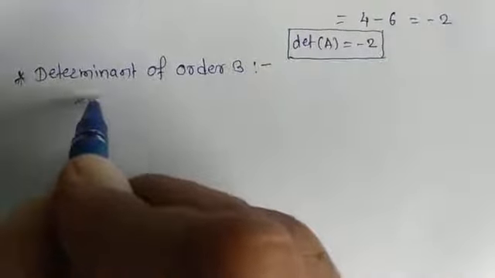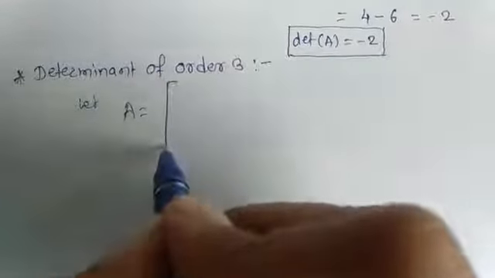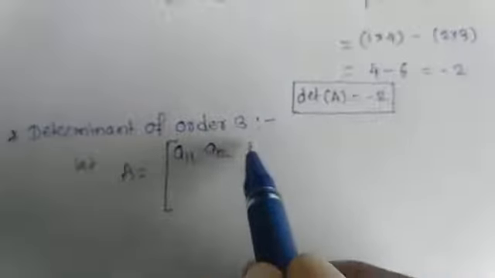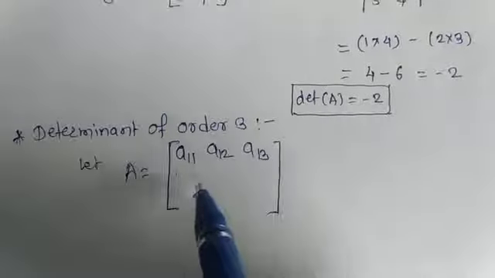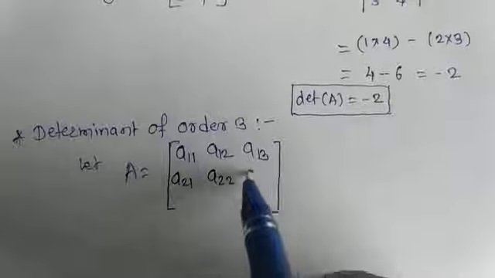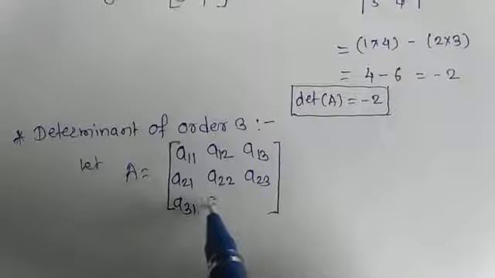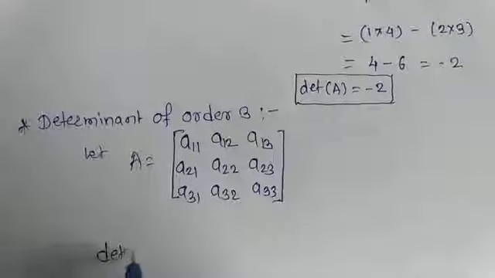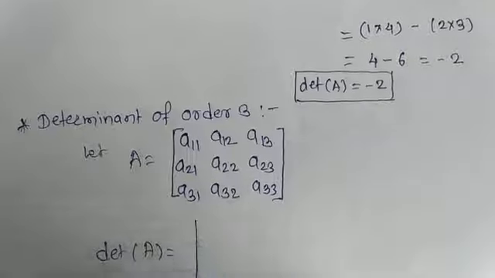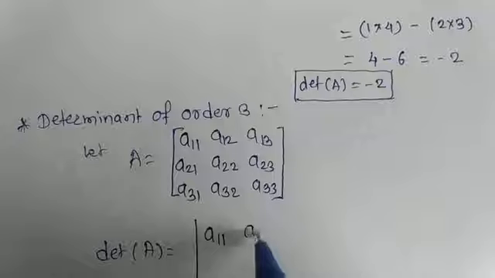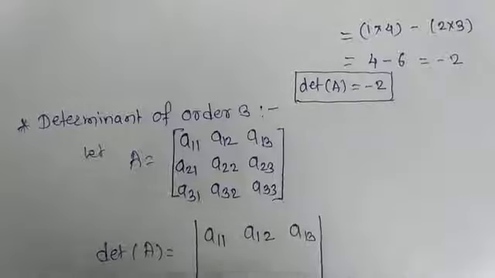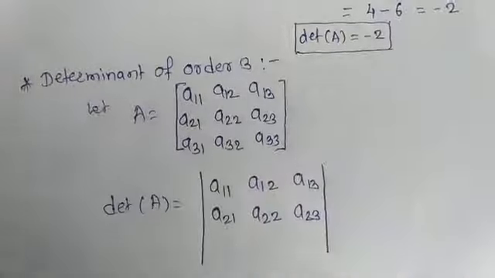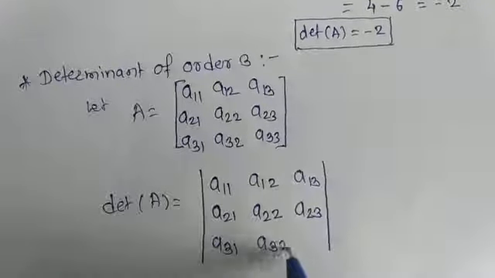Let A be a general matrix with first row A11, A12, A13, second row A21, A22, A23, and third row A31, A32, A33.